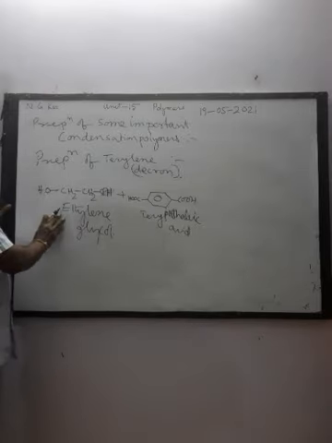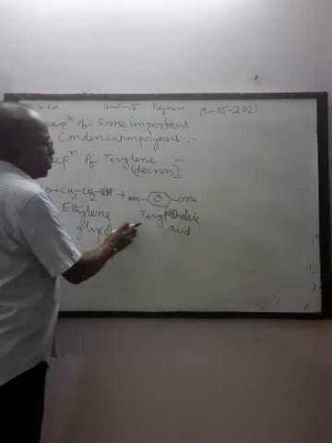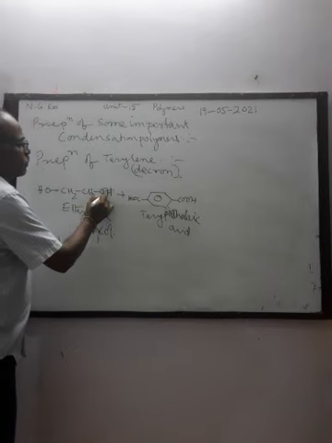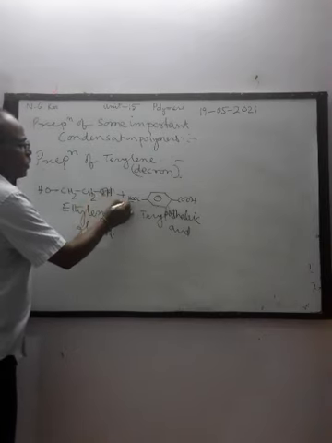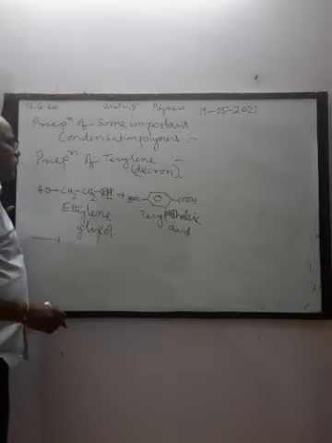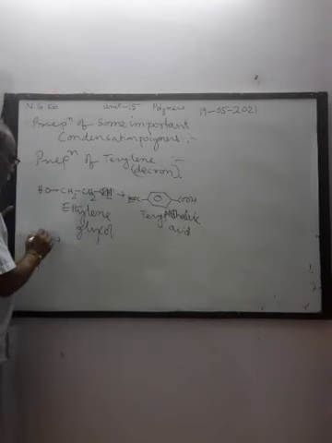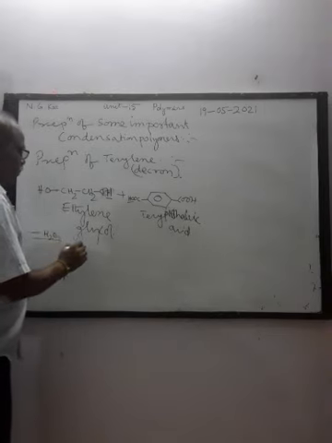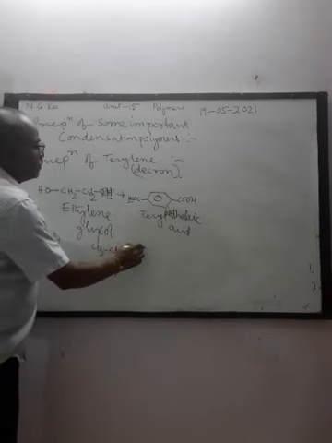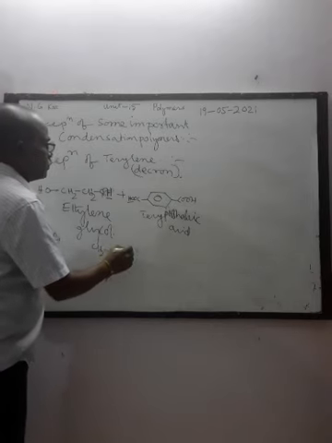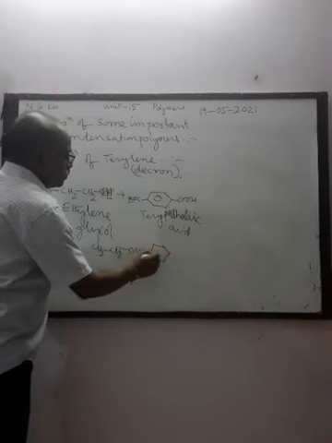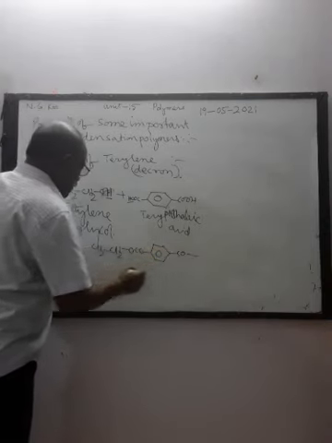So when ethylene glycol undergoes condensation polymerization with terephthalic acid, again OH of terephthalic acid reacts with H of ethylene glycol, eliminating a molecule of water. So the product is CH2O, CO, and this part is repeated again and again.